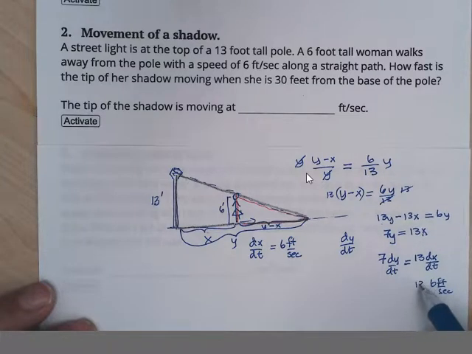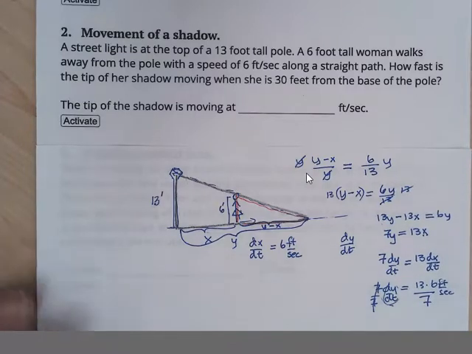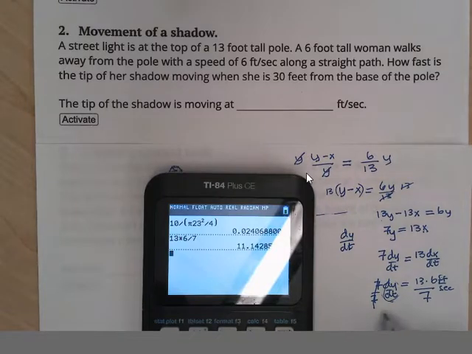Times 13 would equal 7 times dy/dt, and that's what they want to know, how fast the shadow's moving. So I divide by 7 on both sides, and I get 13 times 6 divided by 7, and I get that the shadow is moving at 11.142 feet per second.